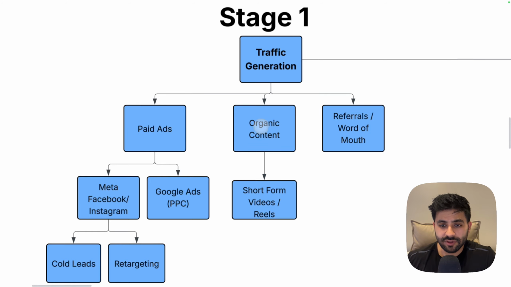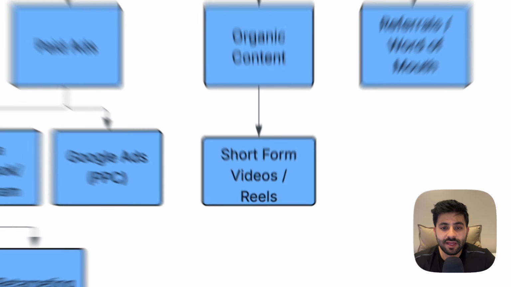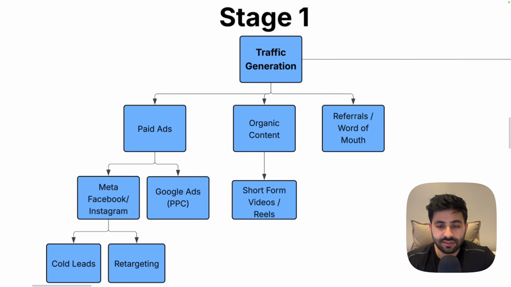We also integrate key organic content, specifically short form video and educational posts that not only position your team as experts, but also answer common patient questions and highlight results to your potential clients. This does two things. It warms up your ad traffic and builds trust over time before someone ever clicks on an ad, and over time it helps you build an audience that converts with or without ad spend.